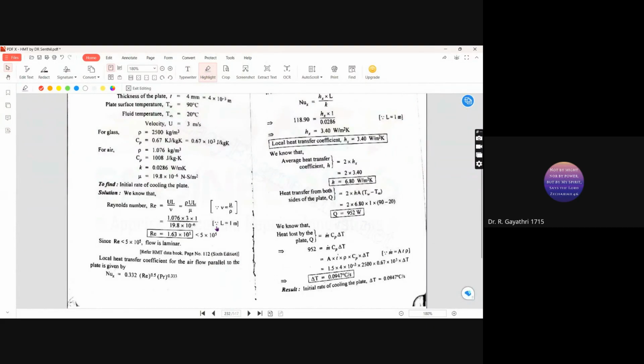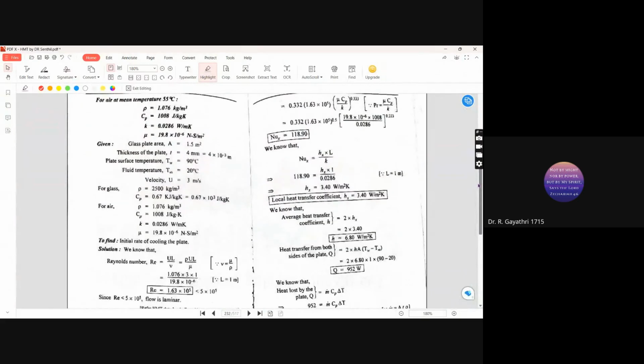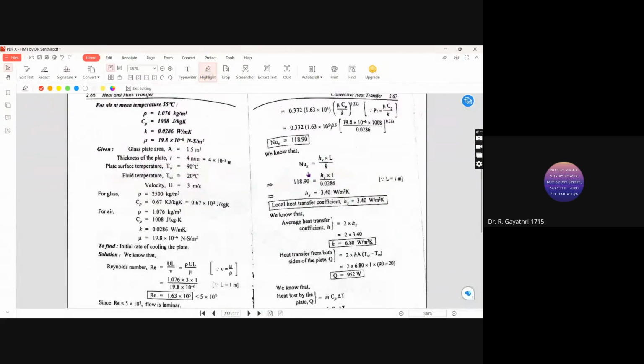For laminar fluid flow, we can use the Nusselt number equation in terms of Reynolds number and Prandtl number. We know the general Nu_x expression in terms of h_x, so we can find the h_x value. Average heat transfer coefficient means 2 times h_x.